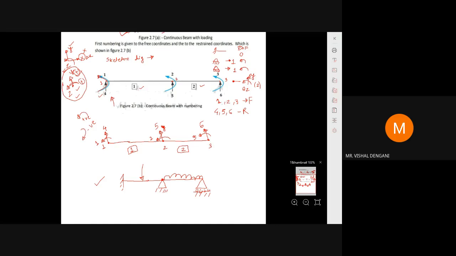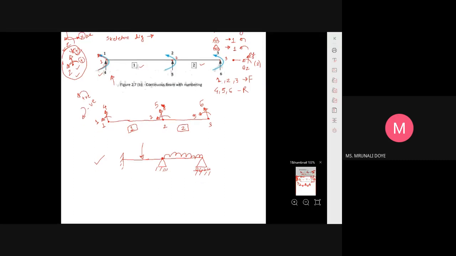If you have understood, you can tell me, otherwise I will explain it again so that I can go to the next step. What is the degree of freedom in this case?